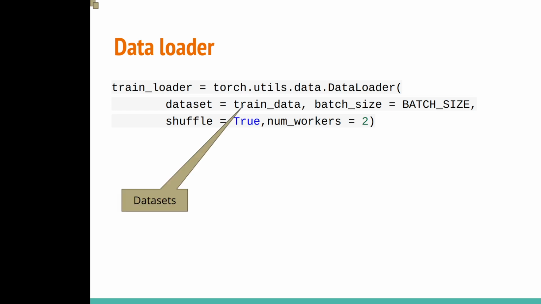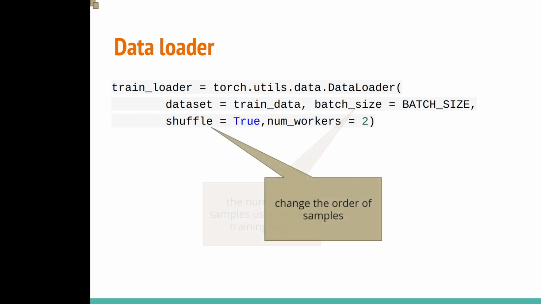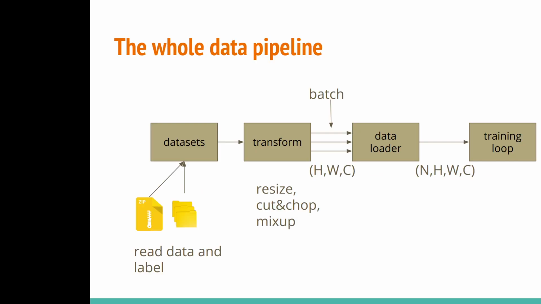Okay, so we can specify the data set by using the dataset argument, and we can specify the batch size to be the size of the mini batch. And we can specify if we want to shuffle the order of the images, and then we can specify the number of threads to read the samples in the CPU.